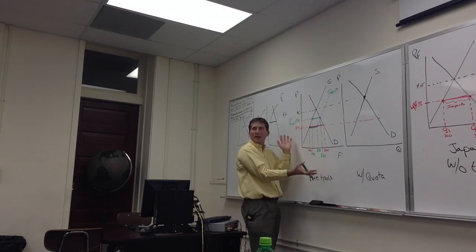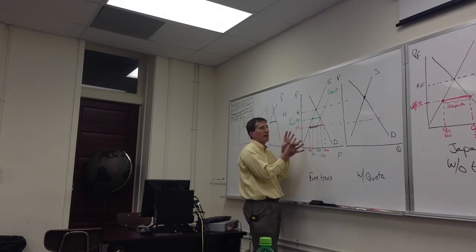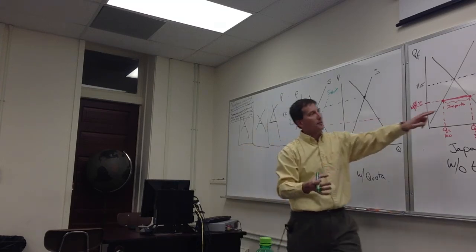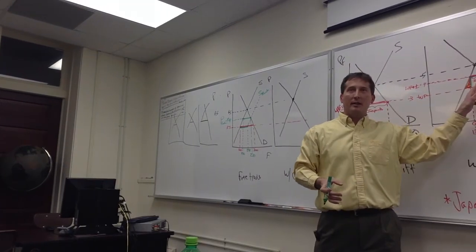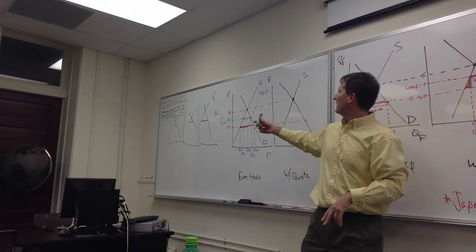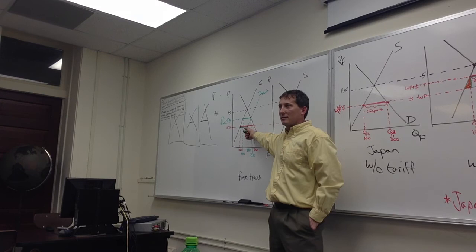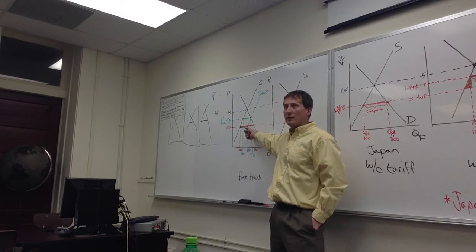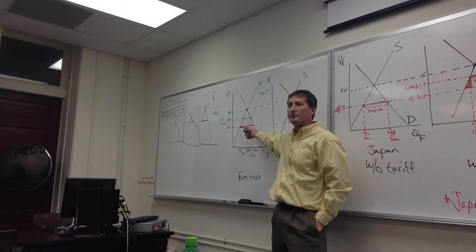How much money is the government collecting with this system? Nothing. So that's kind of the transfer there. That tariff revenue that was here is now in the form of additional profits here for the rest of the world countries that are making the product.